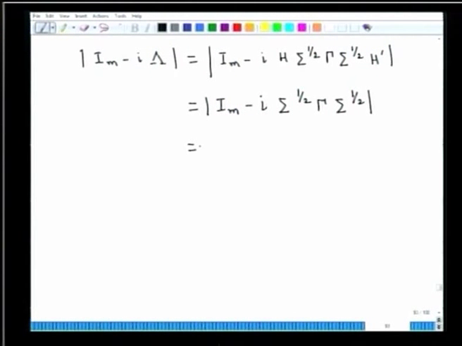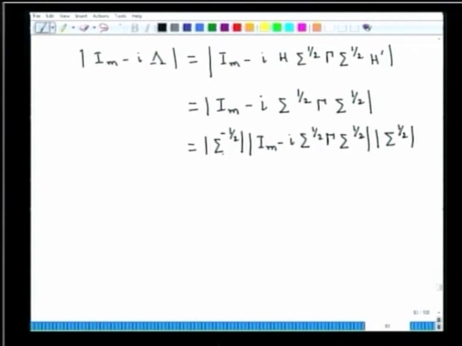Now let me write this expression. Suppose we pre-multiply this by the determinant of sigma to the power minus half, this multiplied by Im minus I times sigma to the power half gamma sigma to the power half, and then post multiply this by the determinant of sigma to the power half.